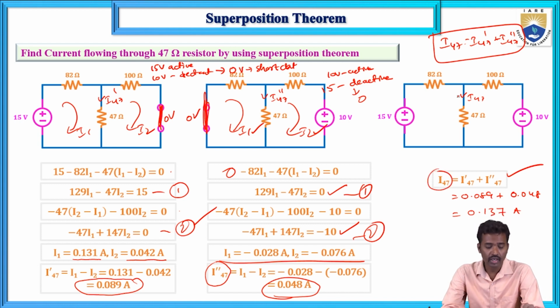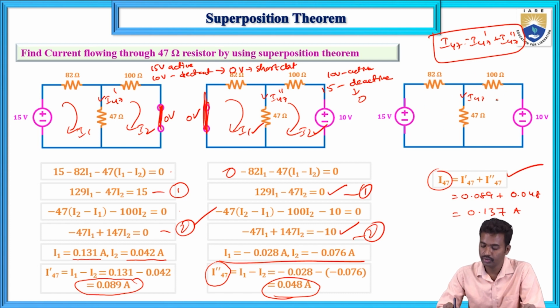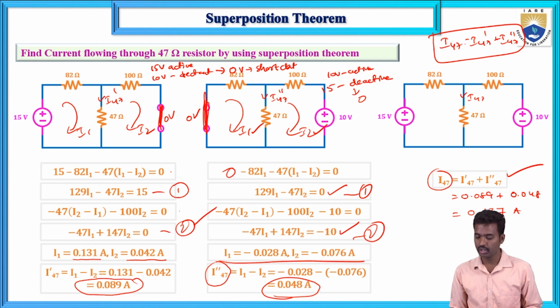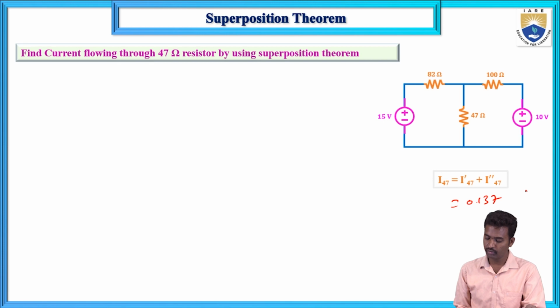Now, to find the current flowing through the 47 ohms resistor, we can use mesh analysis, but here we used the superposition theorem. First calculate the individual responses and add them; the algebraic summation must equal the total response. How will you verify this? By applying mesh analysis, this value is 0.137.